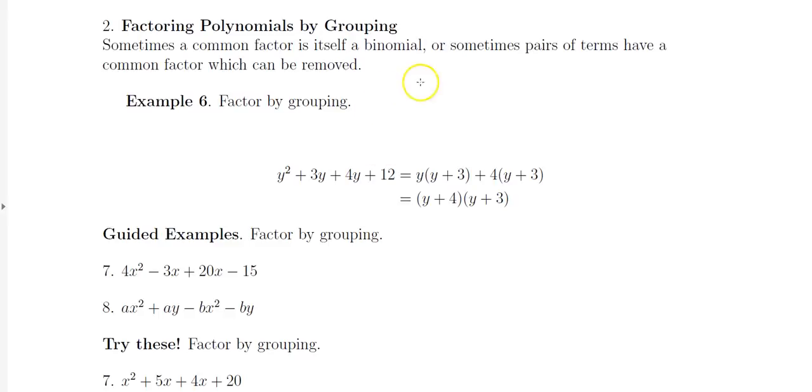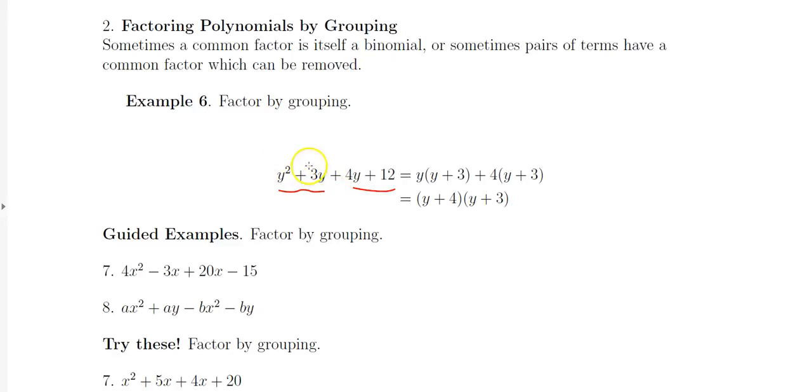So sometimes a common factor is itself a binomial, or sometimes pairs of terms have a common factor which can be removed. So when we factor by grouping, in this example we have y squared plus 3y plus 4y plus 12, and we can take a look at grouping the first two terms together and the second two terms together.